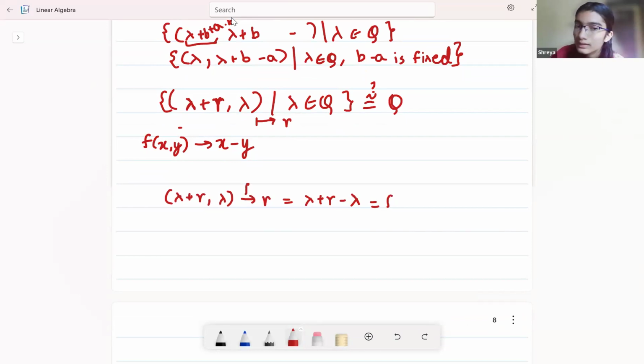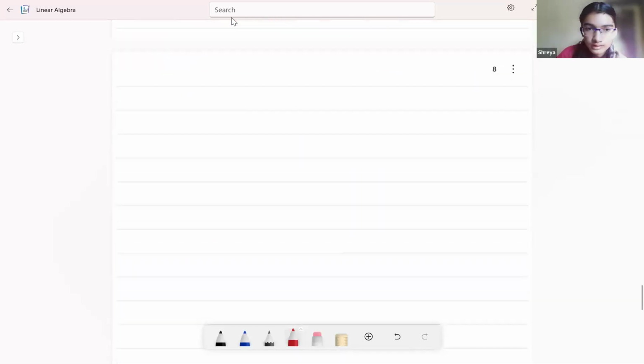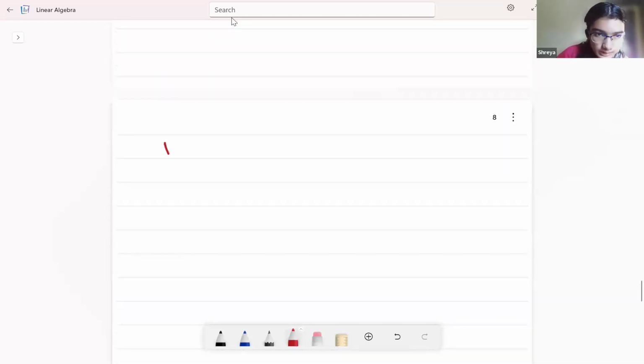Not exactly, because we are dealing with whole sets over here, but it is taking every element and sending it to f of a particular element. So in particular, I'll just say this formally once: the kernel of f is isomorphic to the image of f.